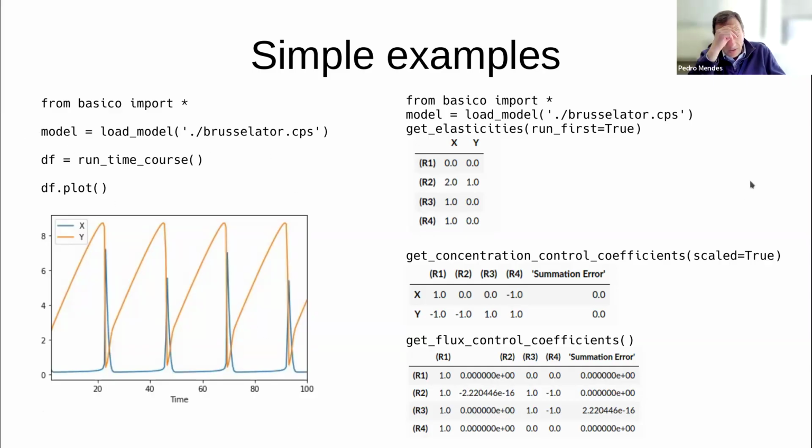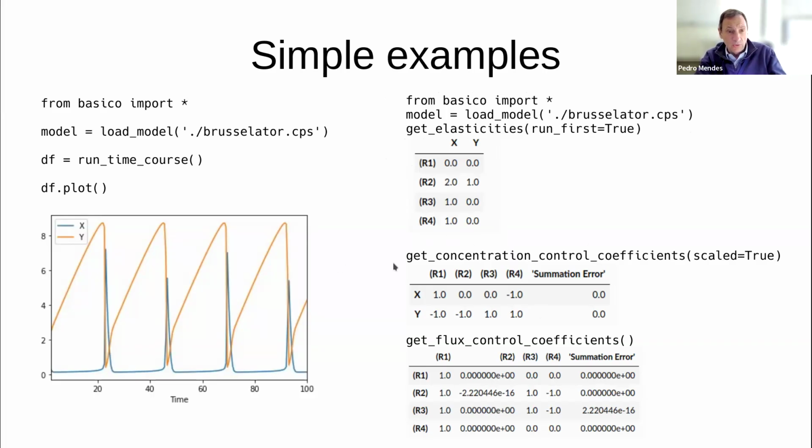On the right side, it's a little bit more complicated just because it has more operations, but it is now doing metabolic control analysis. So the beginning is the same. We import Basico, we load the model, and then we just tell it to get the elasticities. That will show you immediately the matrix of elasticities, which is one of the coefficients in metabolic control analysis.